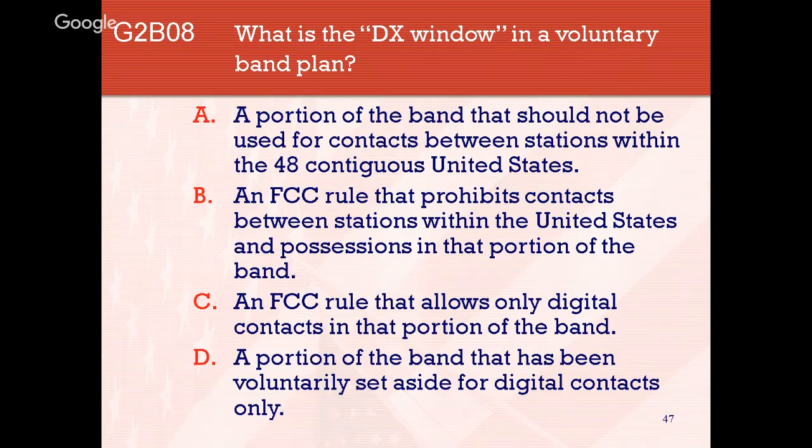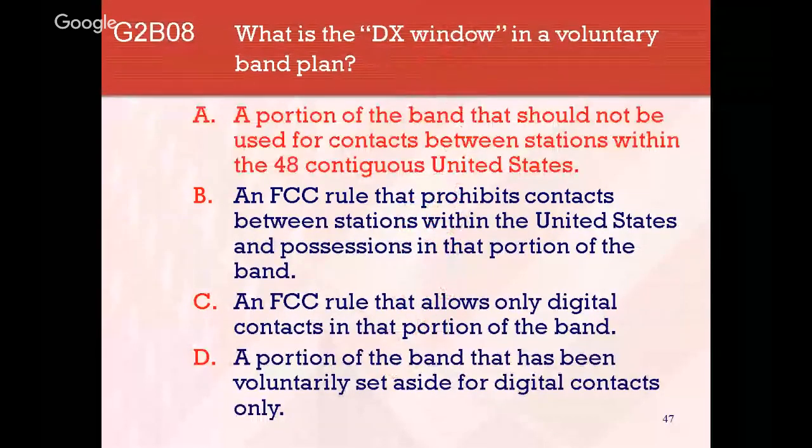Then you look at D here, a portion of the band that has been voluntarily set aside for digital contacts only. We're talking DX, not digital contacts. So the only answer that really makes any sense is A: a portion of the band that should not be used for contacts between stations within the 48 contiguous United States. When you're talking about DX, you're talking about stations outside the US.